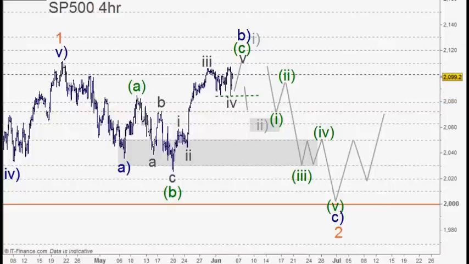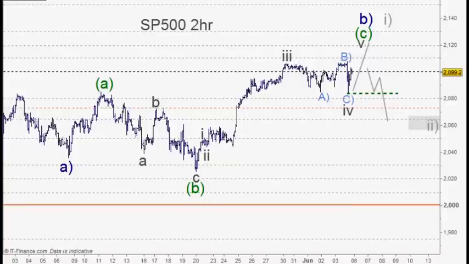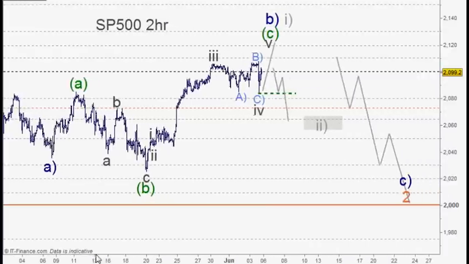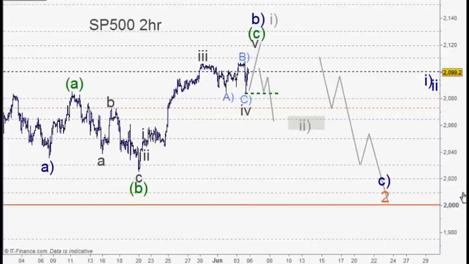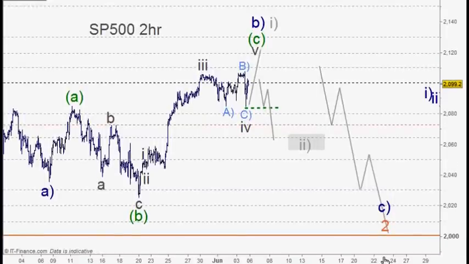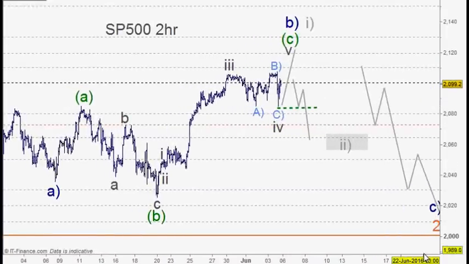So on the 2-hour chart, just sort of drilling into this last structure here of the A wave to here and the B wave up here, and then 5 waves for the C wave down here. We've been looking for 5 waves up into this area here, and as mentioned, there's a couple of different ways to count this scenario, but I think that we just wait for the evidence to unfold here.